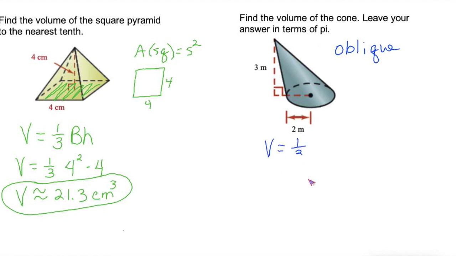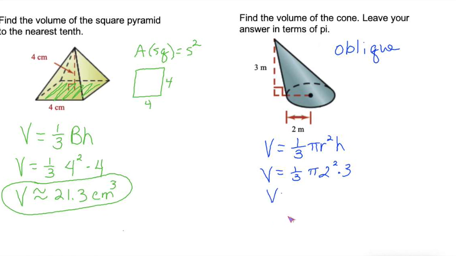It's 1/3 area of the base, which is a circle, pi r squared, times the height. So that gives me 1/3 times pi times the radius. Now the radius is given right here to be 2, times 2 squared times the height, which is 3.